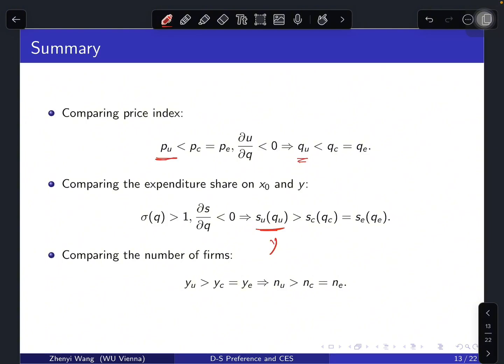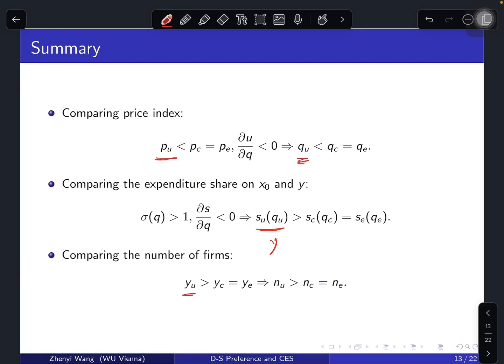And the number of firms: because the expenditure share on Y is highest under the unconstrained case, and we know that the price under the unconstrained case is lowest, we will know that the consumption quantity under the unconstrained case is greater than the consumption under the constrained and market equilibrium.